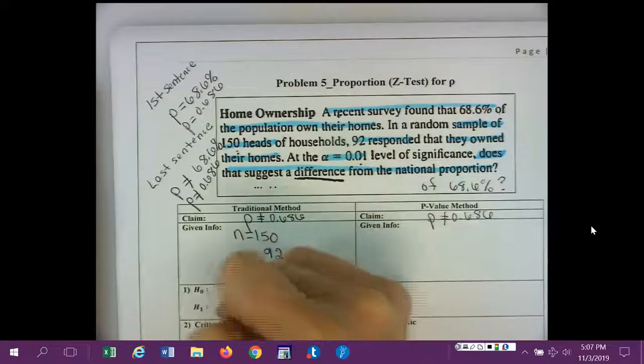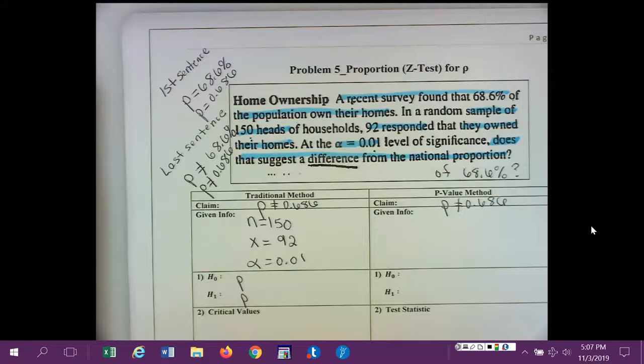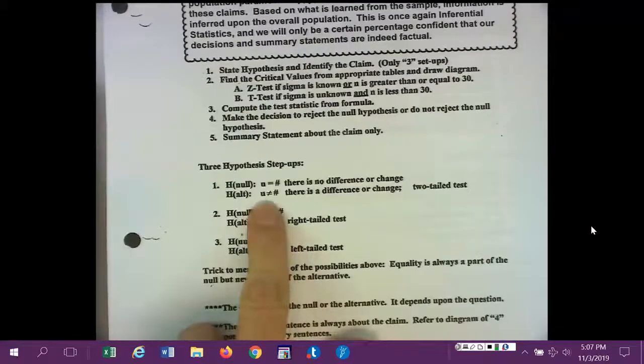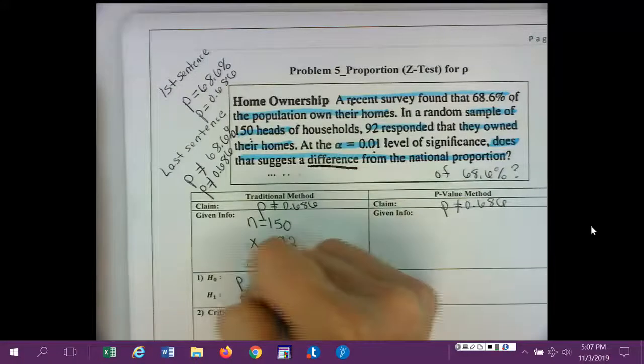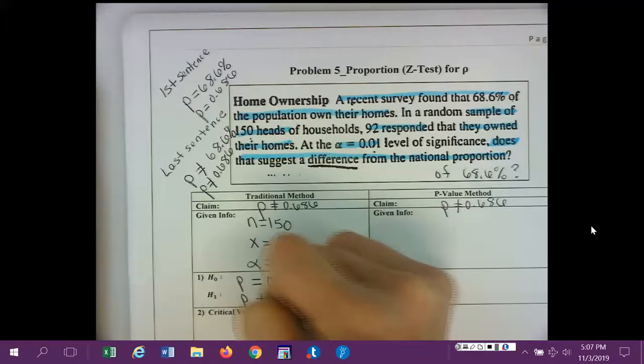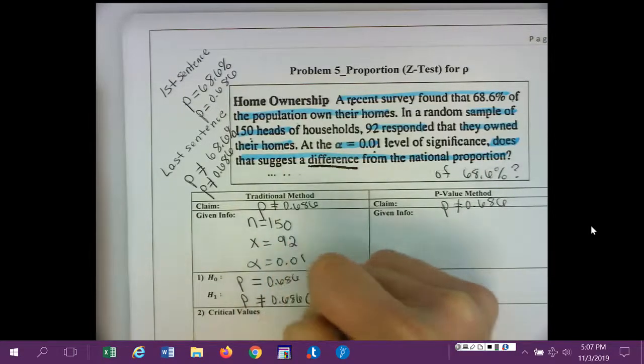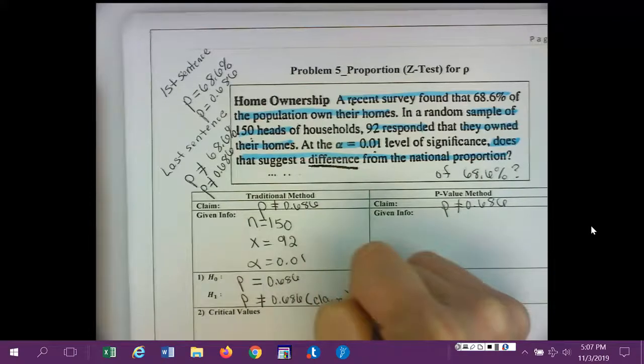When you do your setup, make sure you put rho. If you have to, go to your sheet. You're looking for your claim symbol of not equal to, and it's an alternative statement. So the null has to be equal to. The claim's the alternative.